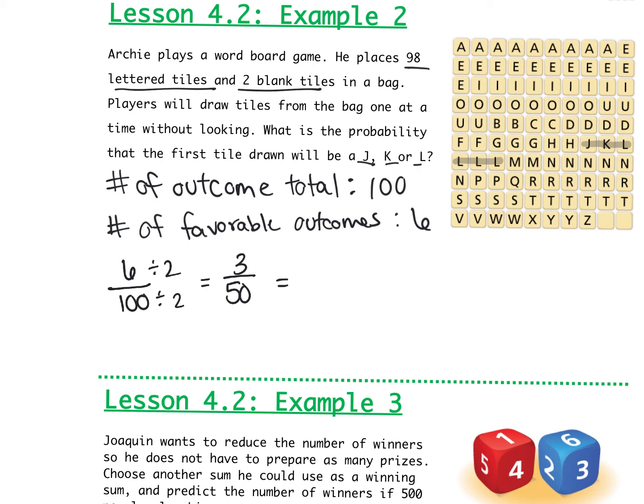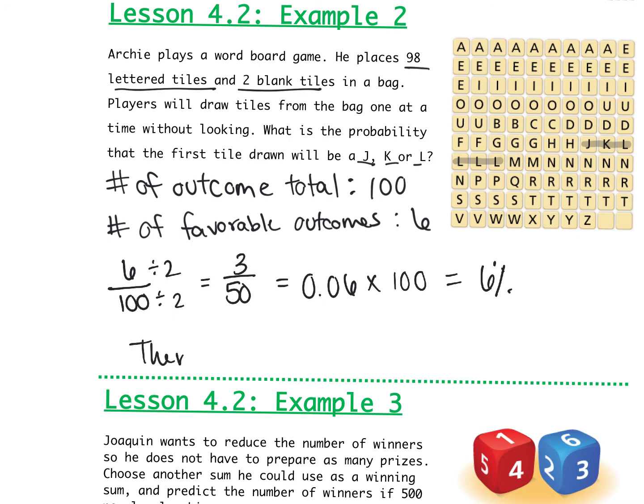If we turn that into a decimal, we say 3 divided by 50, which gives us 0.06. And then we will times that by 100 to get 6%. So what does that mean? What is the probability that the first tile drawn will be a J, K, or L?